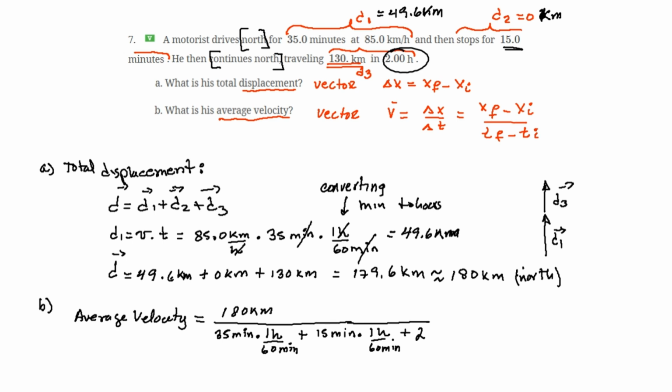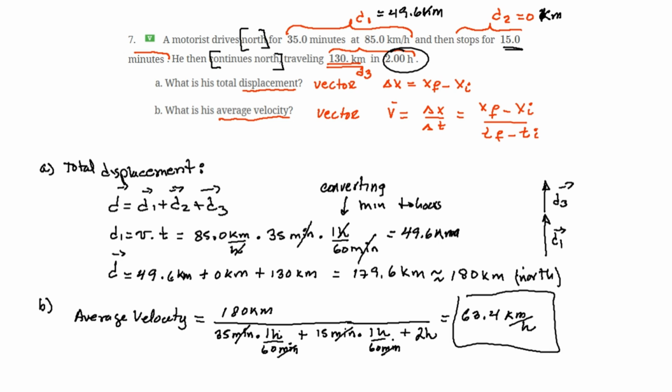So this one is already in hours, right? So you will simplify here. When you divide 35 by 60, you will get time in hours. When you divide 15 by 60, you will get a time in hours. You have the numerator in kilometers. You have your denominators in hours. What is the output? Kilometers per hour, right? So when you calculate that in kilometers per hour, at the end the average velocity was 63.4 kilometers per hour.